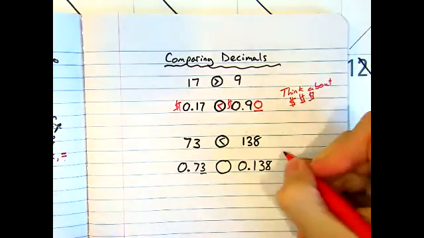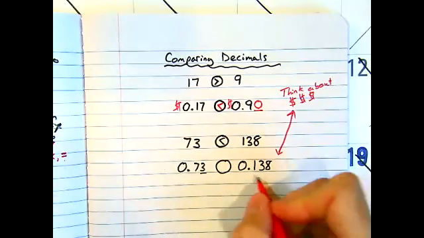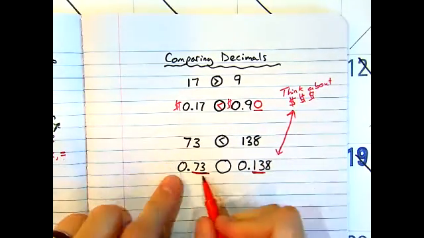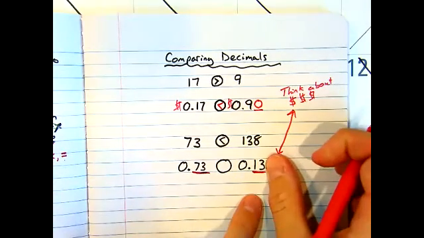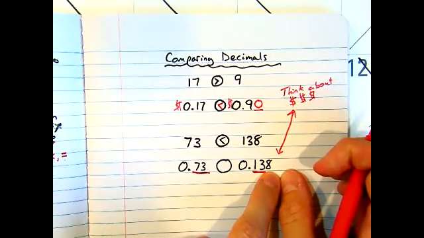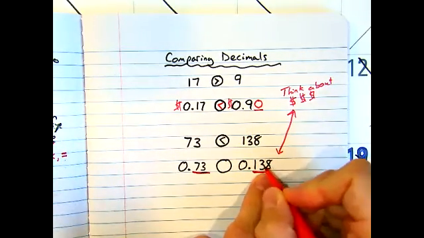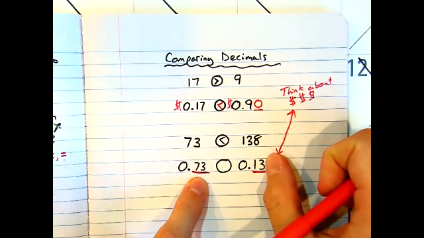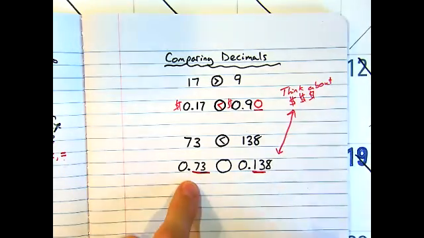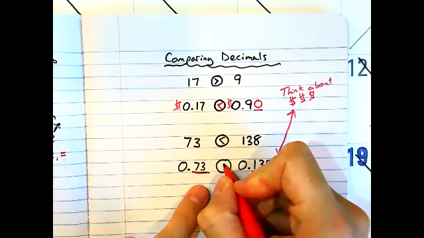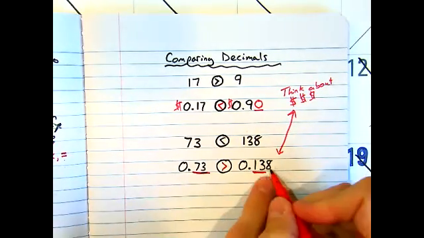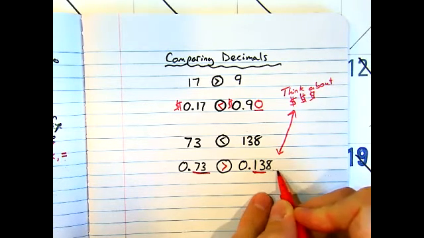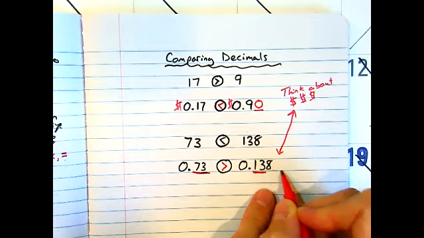Now, that money trick works here, but remember, we're only going to read the first two decimals. So let's pretend they're money. This is 73 cents. This is 13, almost 14, because if this were a little bit bigger, this would turn to a 4. So which is more, 73 cents or 13 cents? That's right, 73 is greater. As we go further and further away from 0, these places count for smaller amounts, smaller and smaller pieces.